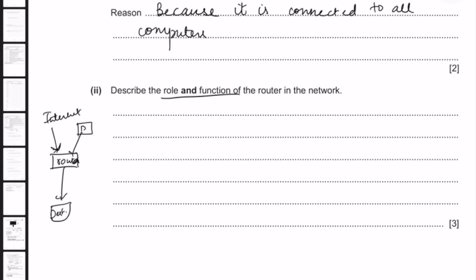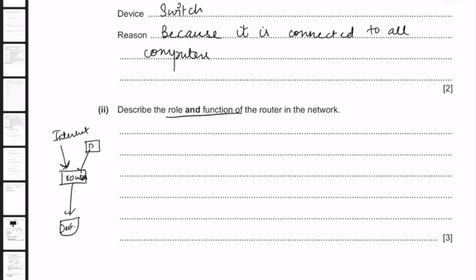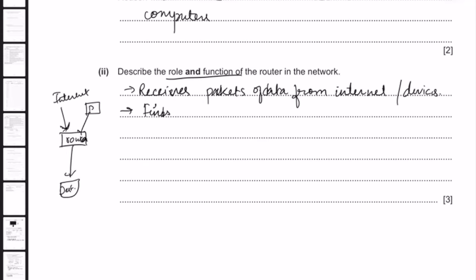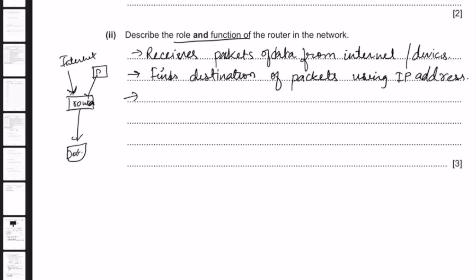You could say a lot of things about the router, but it simply receives packets using the IP address. Now this IP address is important to write or you won't get that mark. And then it forwards it.